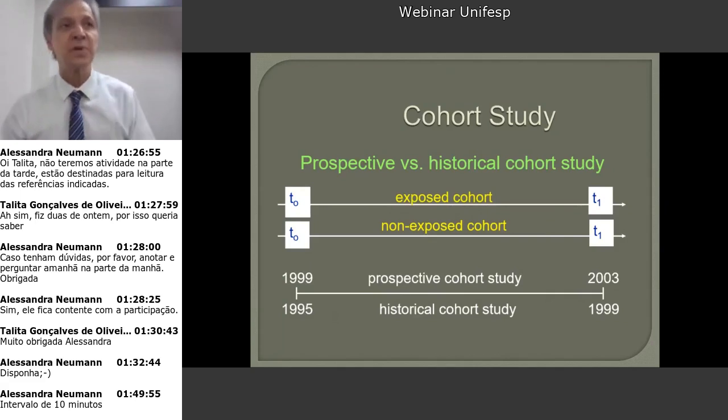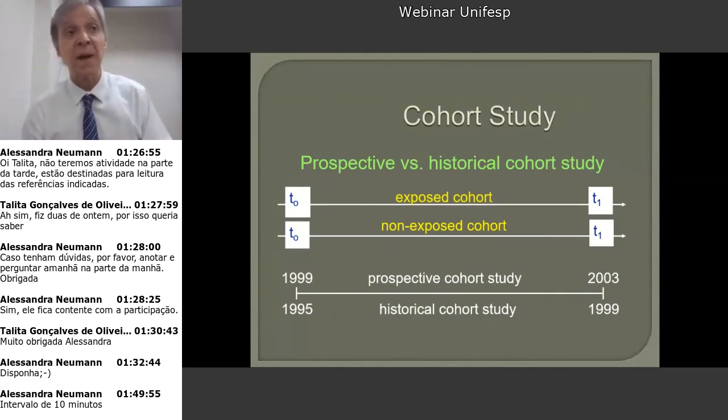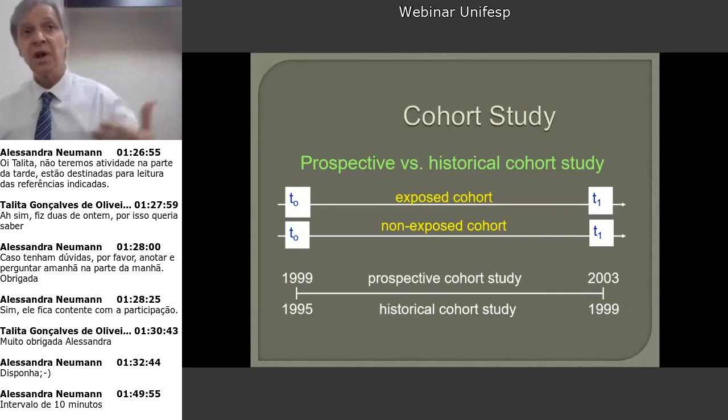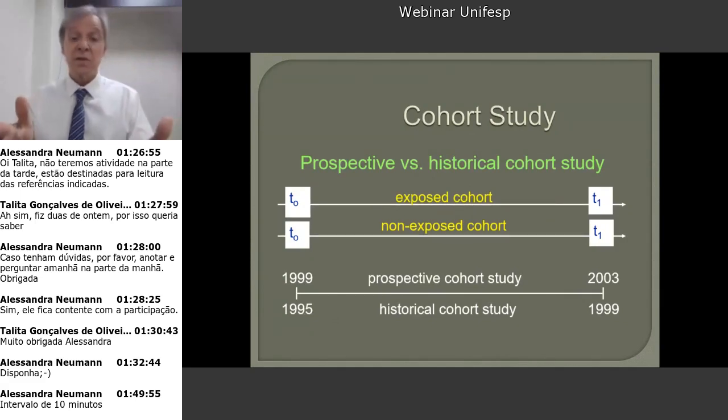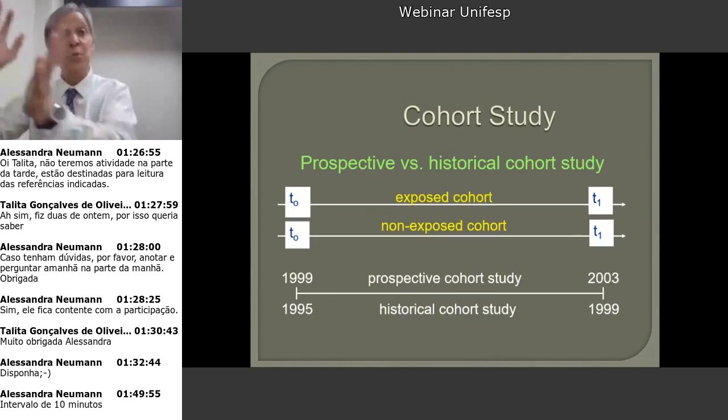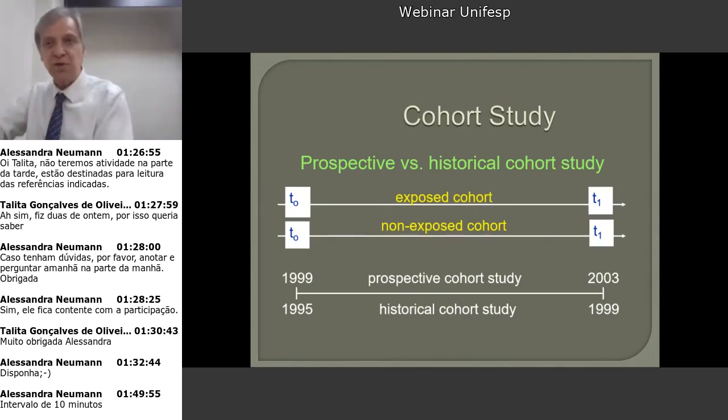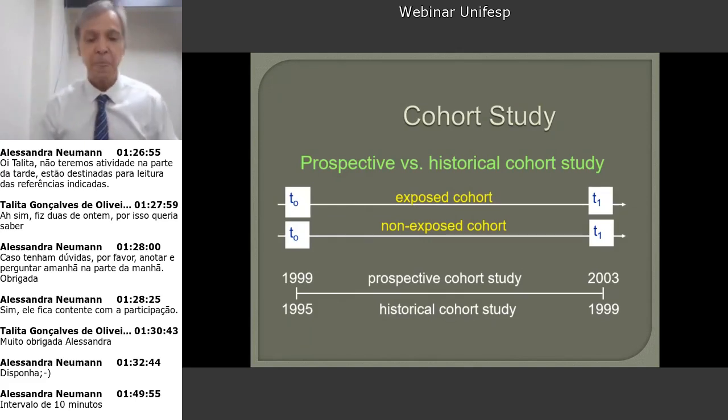People took up smoking over the past 60 years because they didn't know better. That's different from saying you do this, you do that, so you allocate people. We're going to see that tomorrow. But you still have a cohort, you still have a longitudinal design, you still have risk, you still have rate if you want to calculate, and risk duration. Everything, and some other measures. So it's fundamental you understand the cohort.